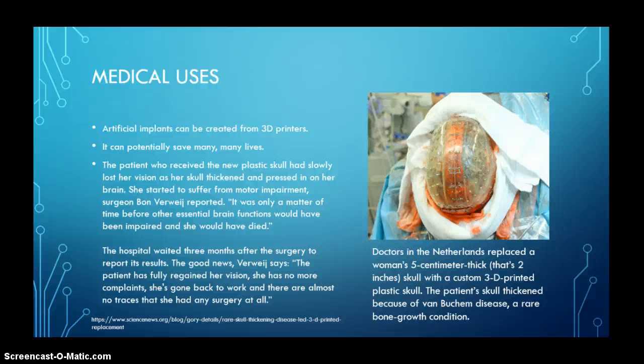To me, that's just very amazing. Anyway, the picture on the right shows this patient in the Netherlands, and it's a totally artificial 3D printed plastic skull. So that seems to be a pretty positive use of 3D printing.